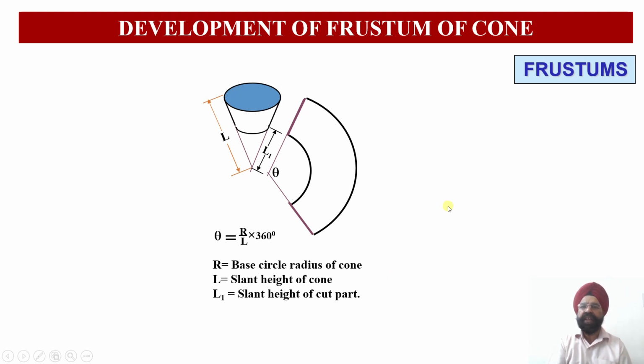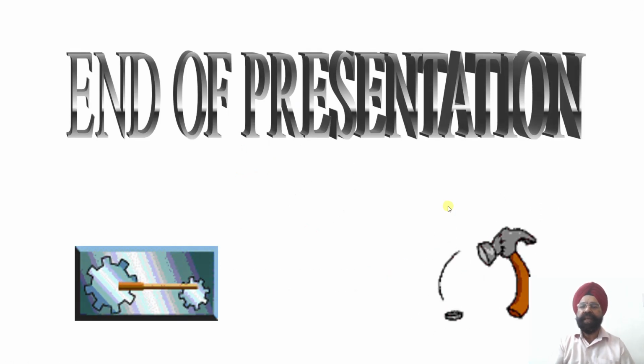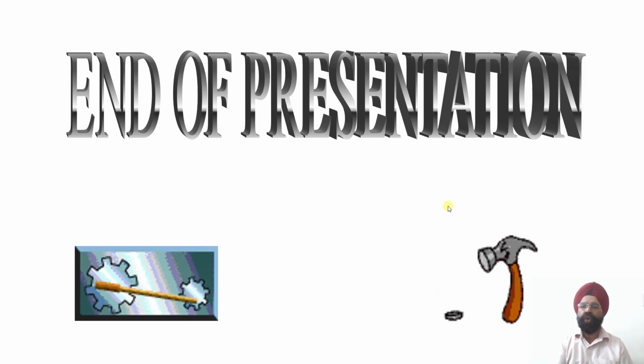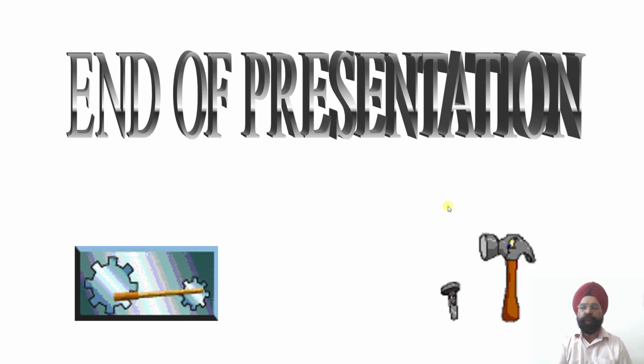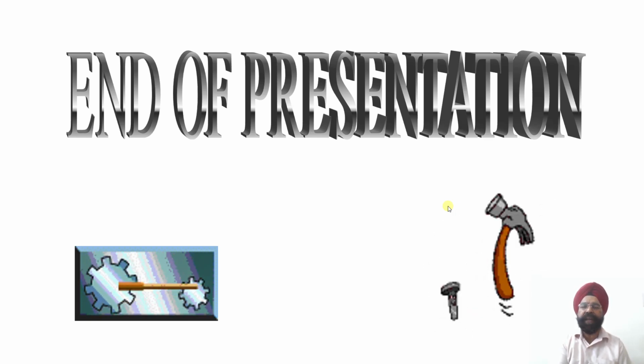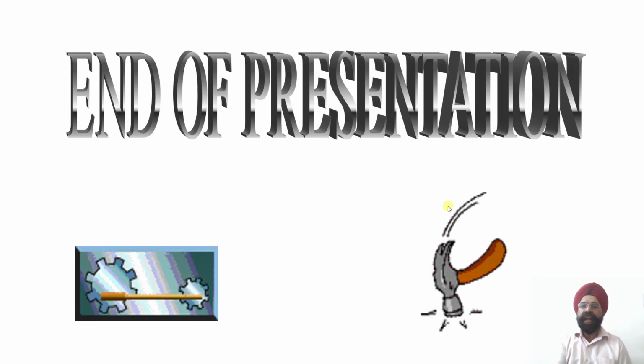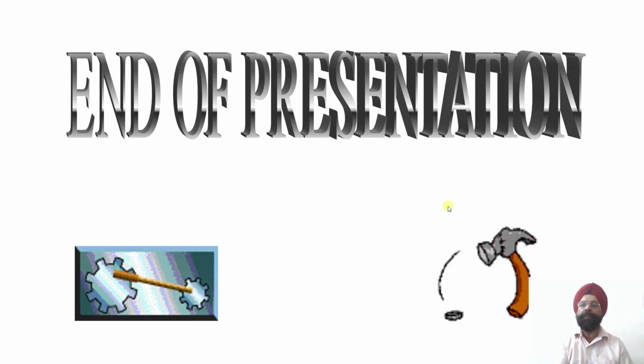So with this, we have completed the basic structure: how to obtain the development corresponding to the parallel line development method, and how to obtain the development corresponding to the radial line development method for the simple solids.